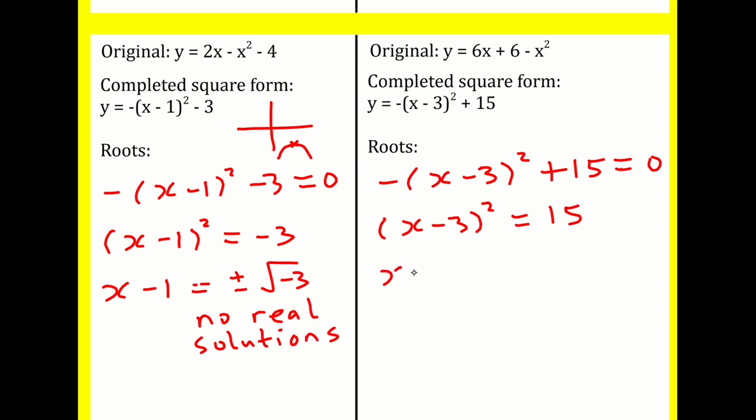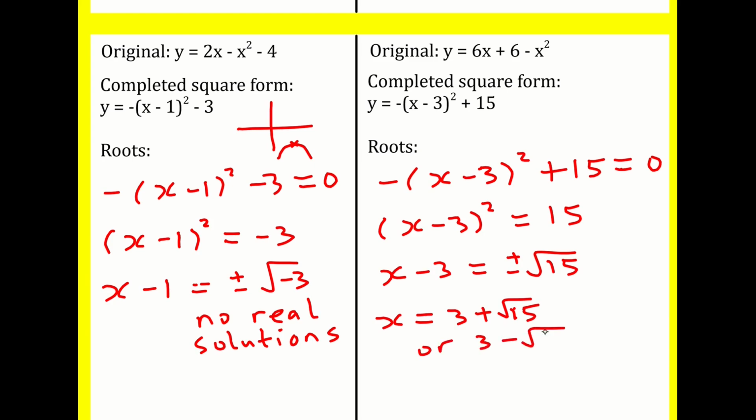Brilliant. So we can take the square root and we're going to get x is equal to 3 plus root 15, or 3 minus root 15. Nice. Again, surd answers, but that's okay.